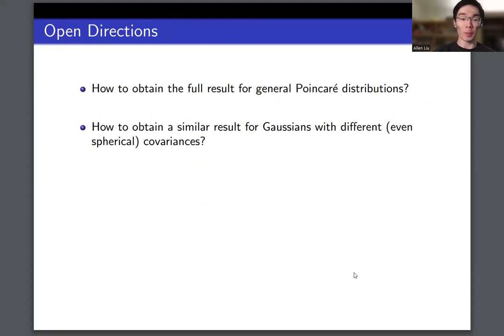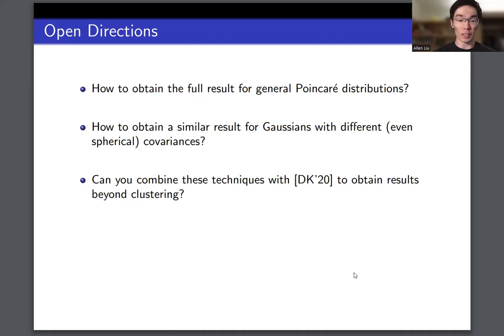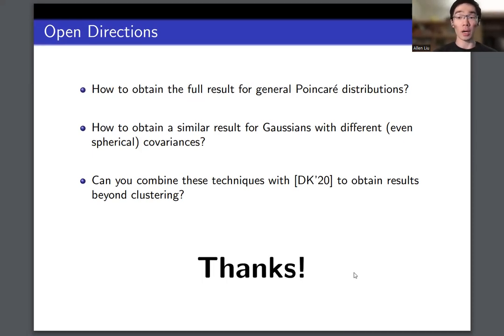And finally, a more open-ended direction: there are techniques in this paper by Nicholas and Kane in 2020, where they solve not only clustering, but parameter learning, or a proper learning problem, even when the components are not separated. So perhaps we can hope to combine our techniques with the techniques there and solve not just clustering, but also proper parameter learning for mixtures of Gaussians with no separation assumptions. Okay, and that's all I had for the talk, and thanks.